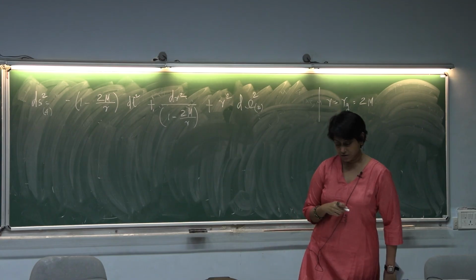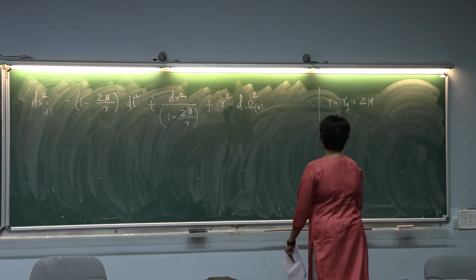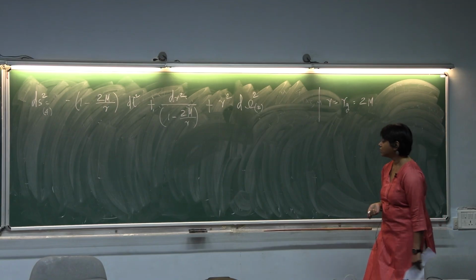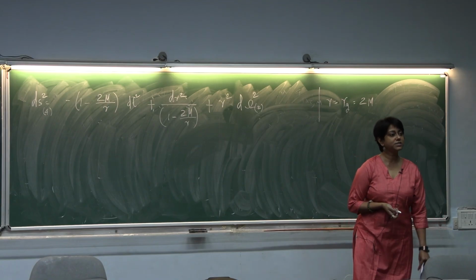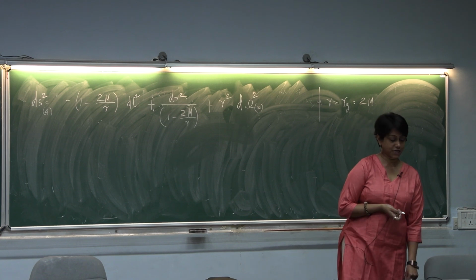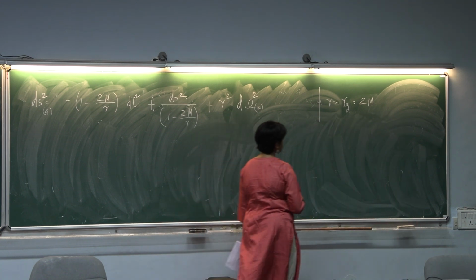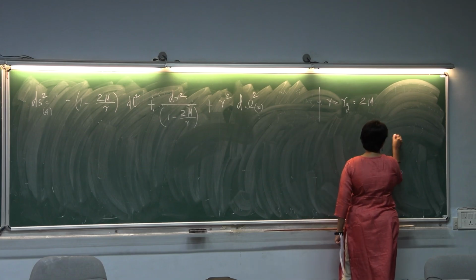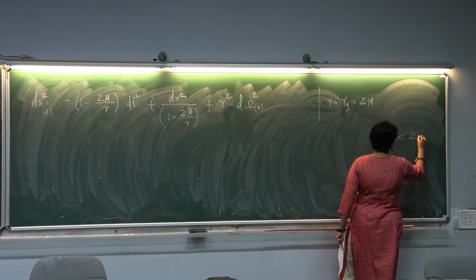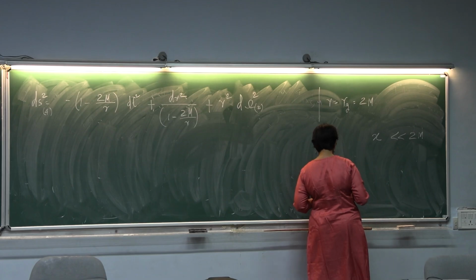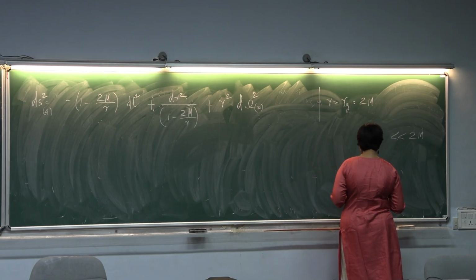It is the event horizon of that particular black hole. And now let me take a small distance from the event horizon. Let me represent that distance as x, which is less than twice m, but of course greater than 0.